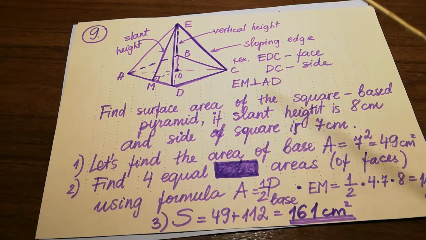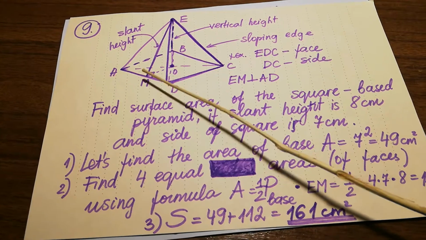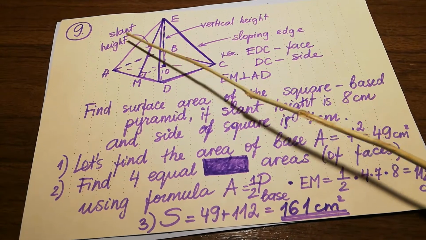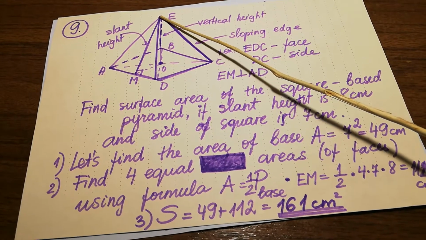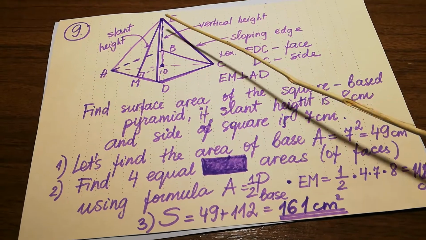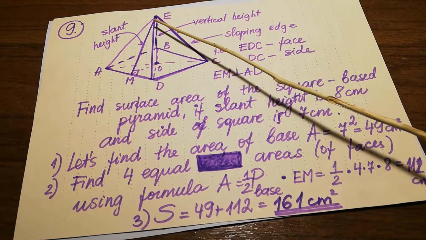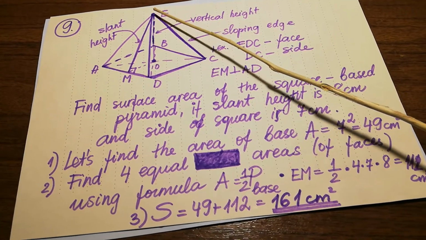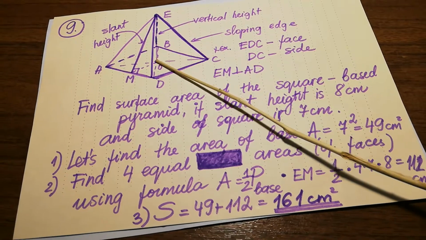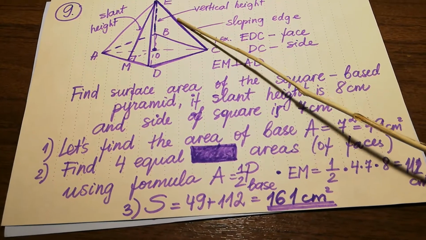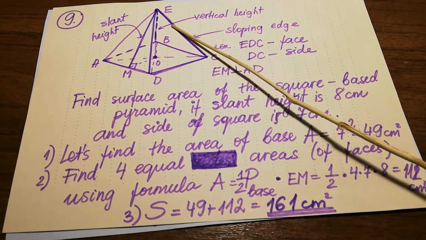Some more words about the pyramid. We named already the slant height. In this picture it is EM, and we named also the vertical height, but we haven't named the sloping edge.